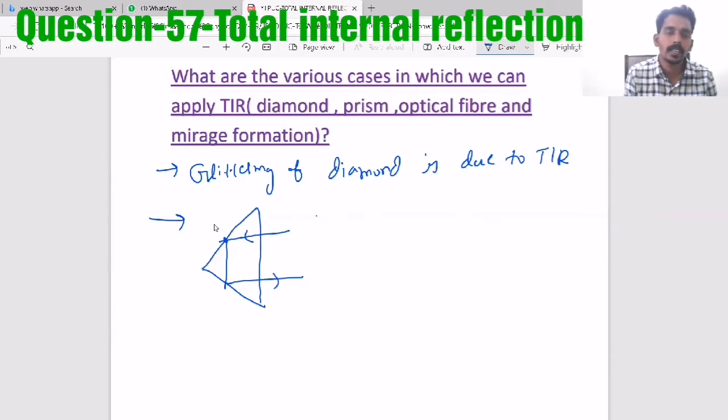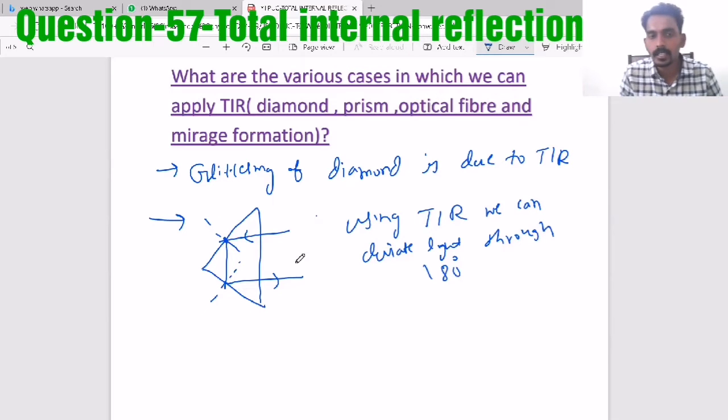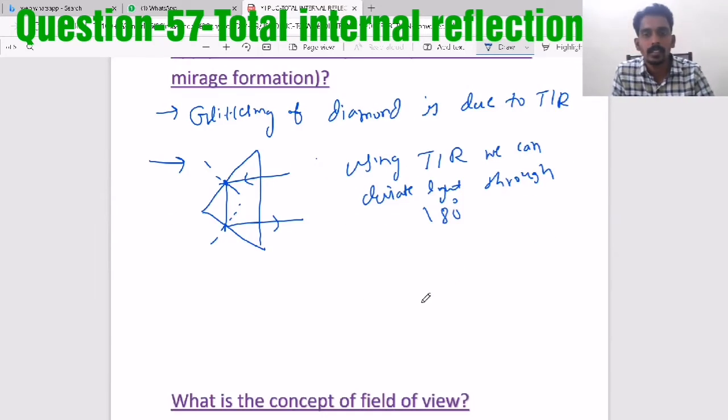Here at this point it is taking total internal reflection, and here and here. So this is possible at a particular case. So using total internal reflection, we can deviate light through 180 degrees by adjusting the refractive index and the angle of incidence.